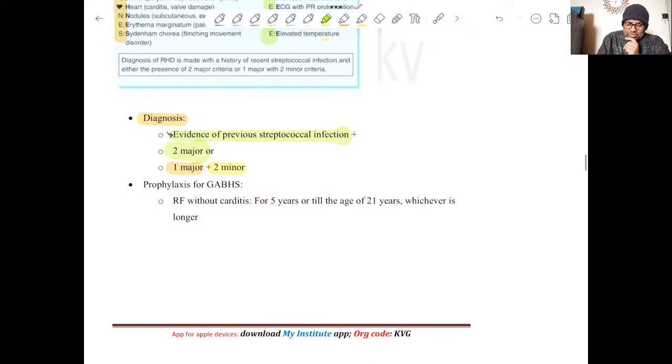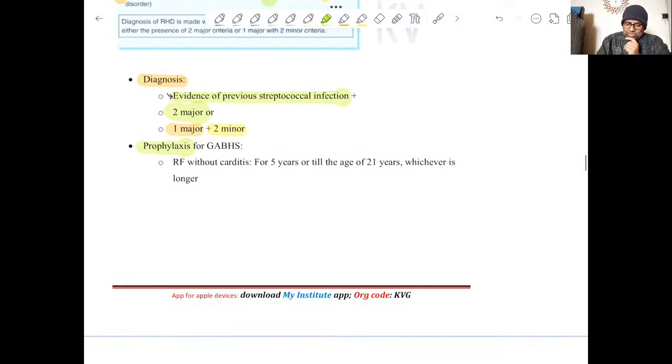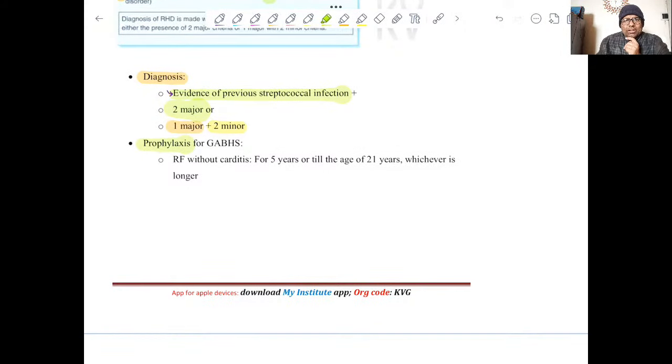Now if you have made your diagnosis, what is important, you have to give secondary prophylaxis so that there is no recurrent attack. And there are different conditions, but from exam point of view, one should remember the prophylaxis in a patient who does not have carditis, and here we give penicillin, and the criteria is either give it for 5 years or till the age of 21 years, whichever is longer.